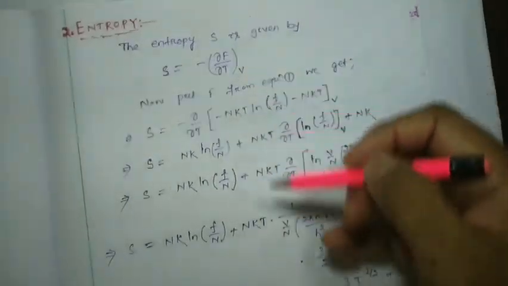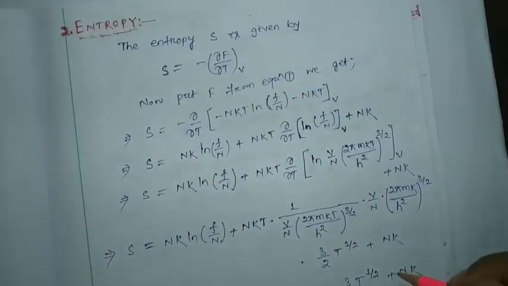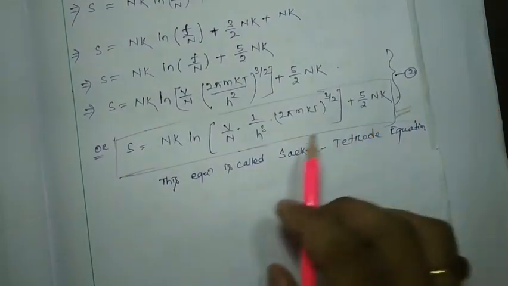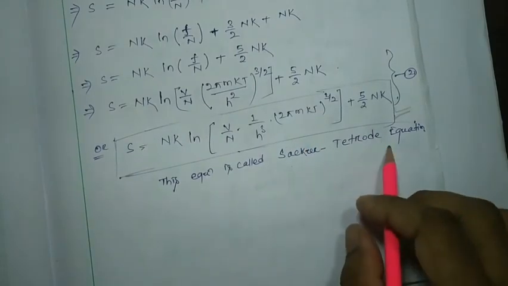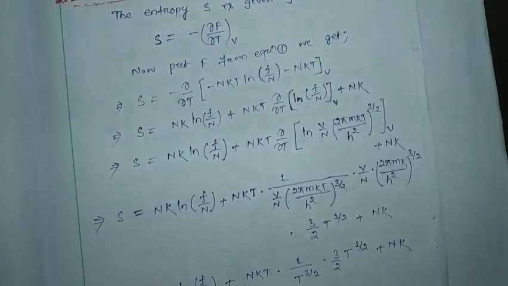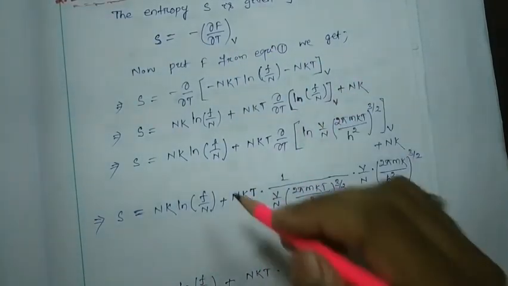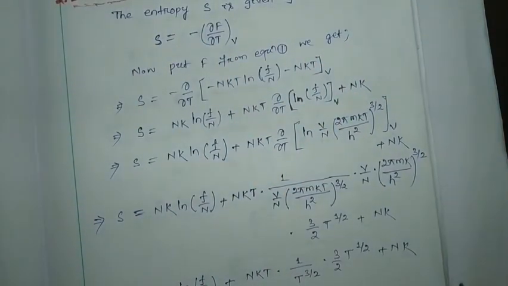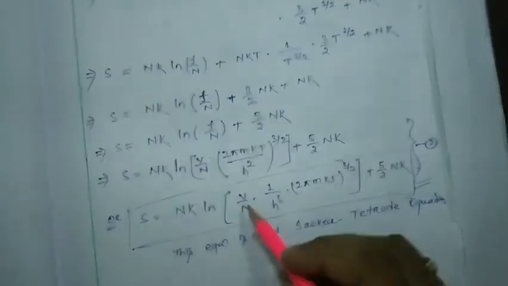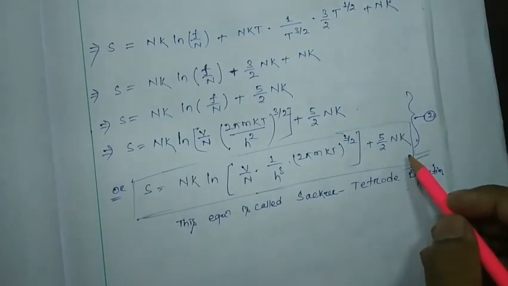Whenever we evaluate the entropy in the case of the canonical ensemble, at the end we get the Sackur-Tetrode equation directly, because initially we rectified the partition function by dividing by n factorial and h to the power 3n. So whenever we use del F by del T at constant V, directly we get the Sackur-Tetrode equation.